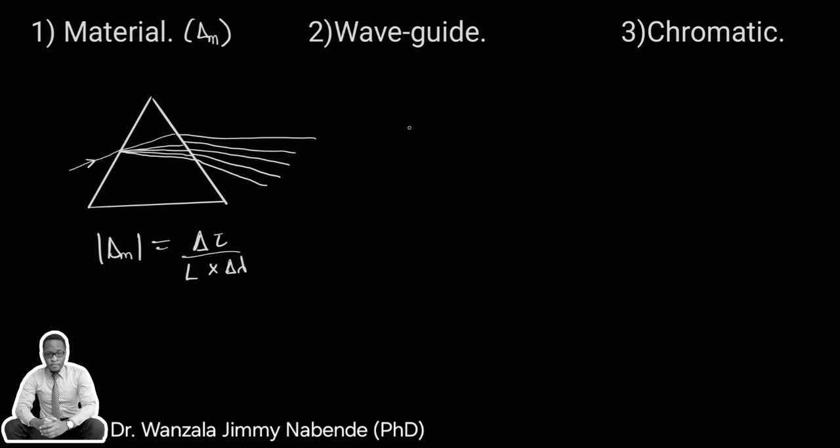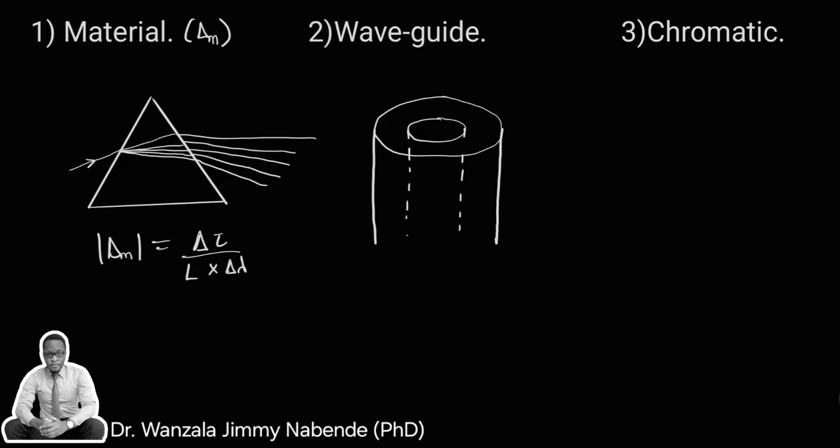However, when we look at the waveguide, we have the core, and then we have the cladding, and the whole of this is the fiber optic. So the difference comes here in the waveguide as the guide having different refractive indices.